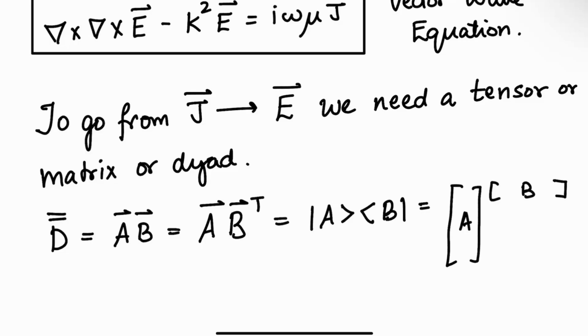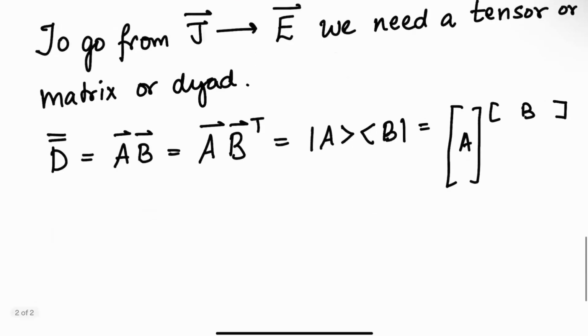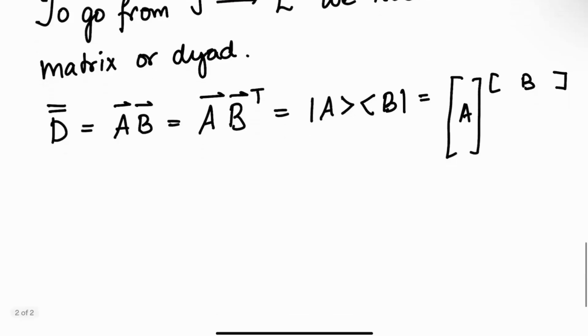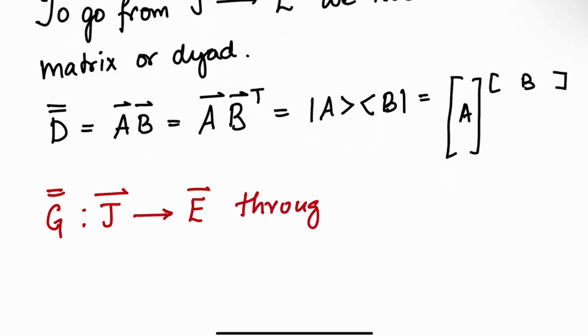So essentially now that we have this dyad formulation, we want to say that the dyad is what takes you from J to E. This dyad is known as the dyadic Green's function, G, and it takes you from current through a convolution integral.